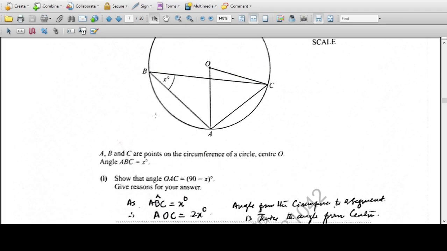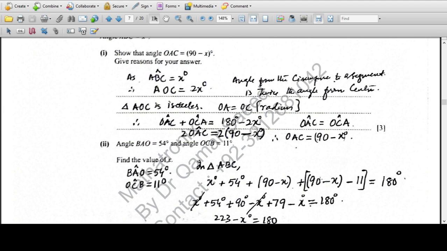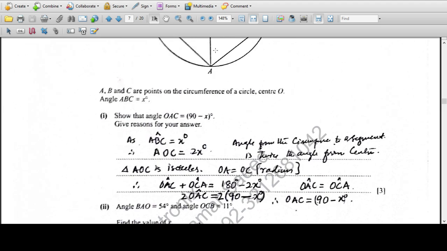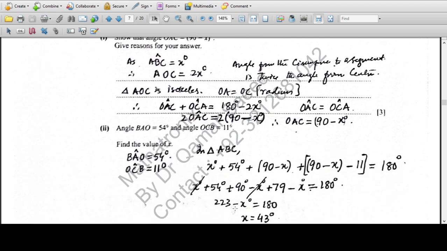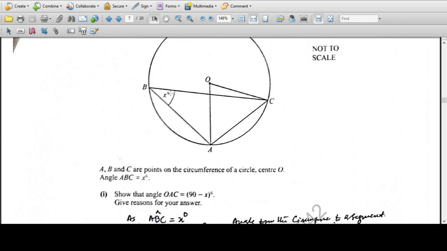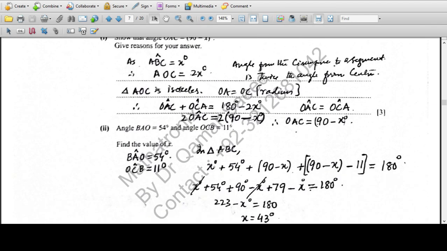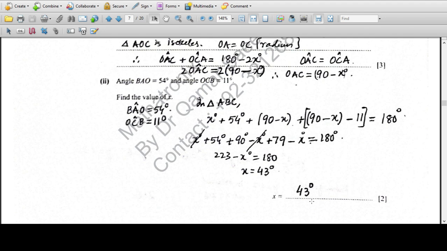In triangle ABC, we know this is x naught, this is 54 degree, this is 90 minus x, and this angle is 90 minus x minus 11. After that we just do the simplification, and the value of x is obtained as 43 degree.